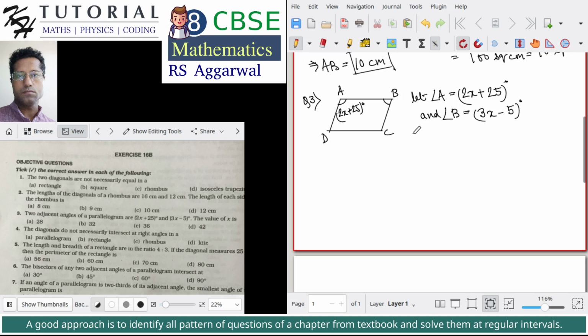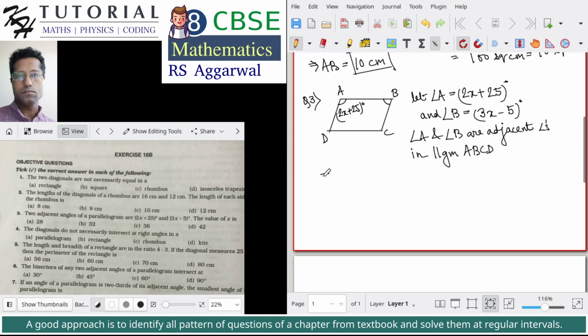Now angle A and angle B are adjacent angles in parallelogram ABCD.